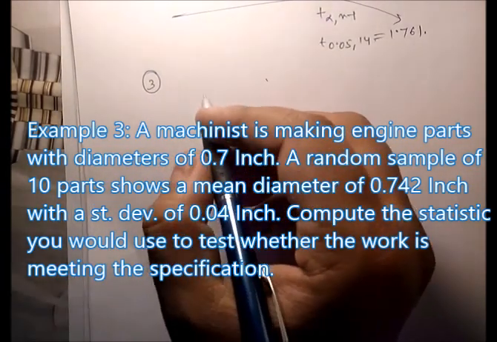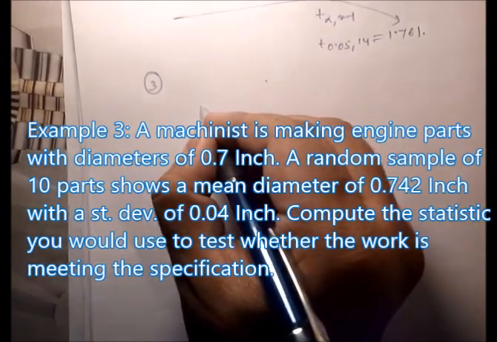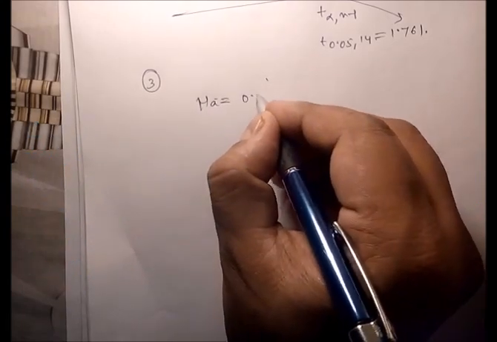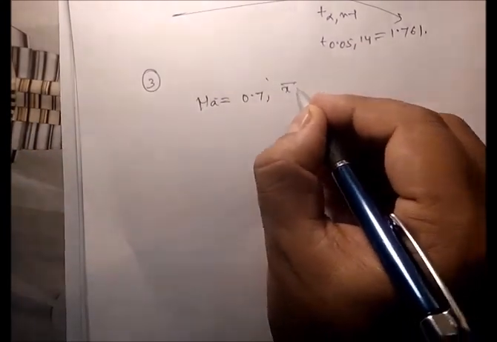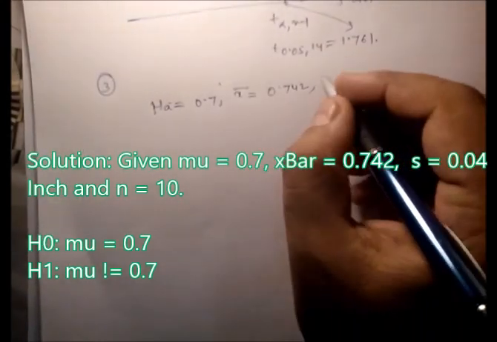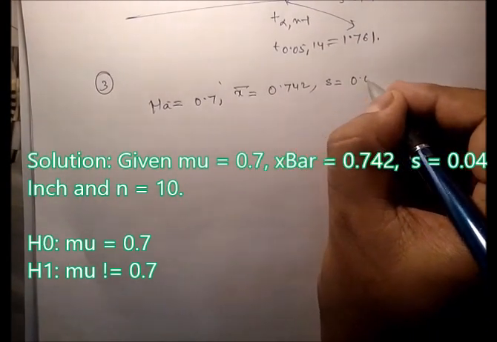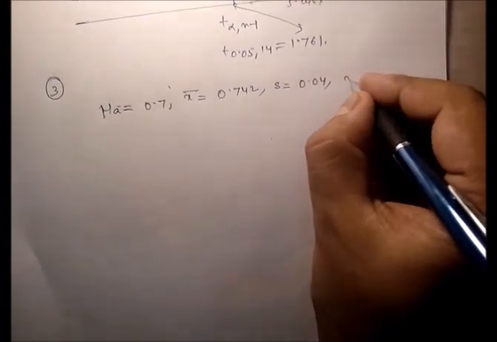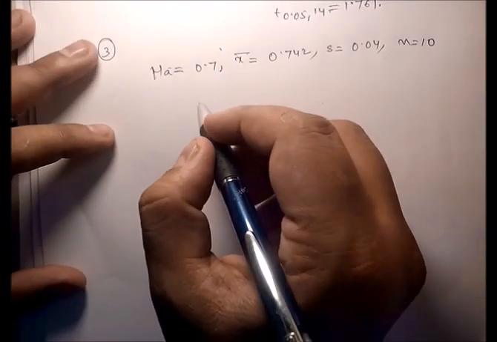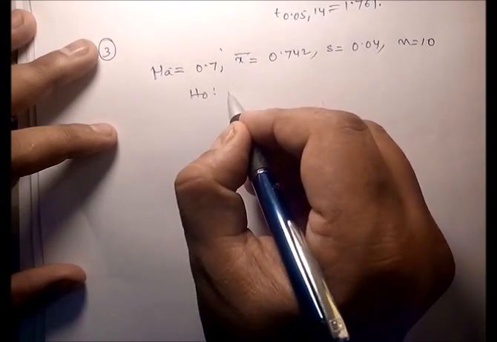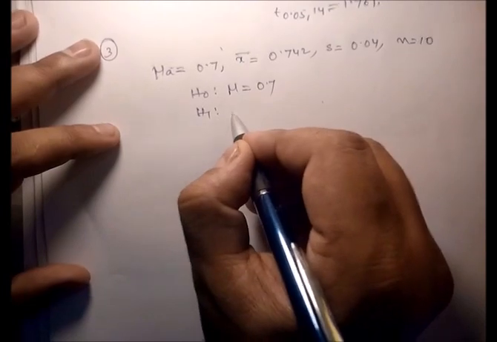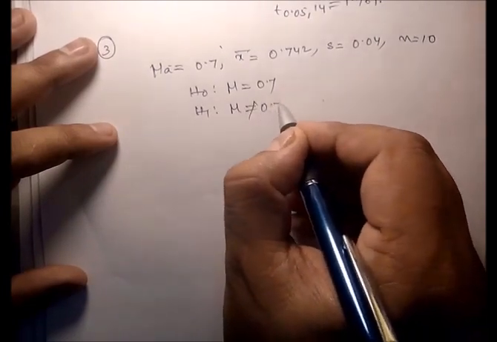Given mu naught is equal to 0.7, sample mean is 0.742, standard deviation is 0.04, and sample size is 10. Now the null hypothesis: mu is equal to 0.7, and the alternative hypothesis: mu is not equal to 0.7.